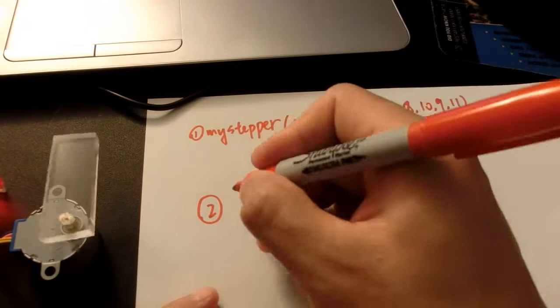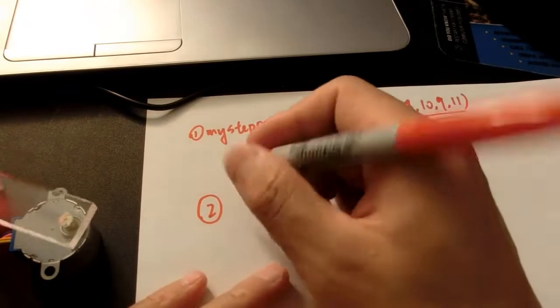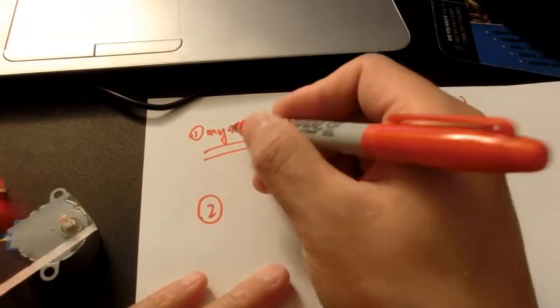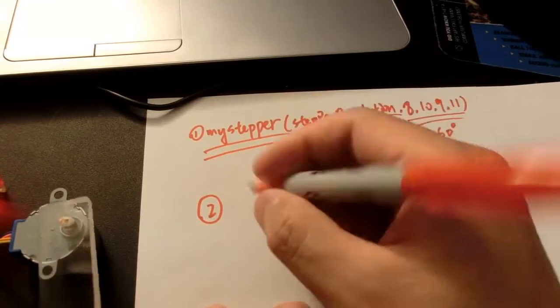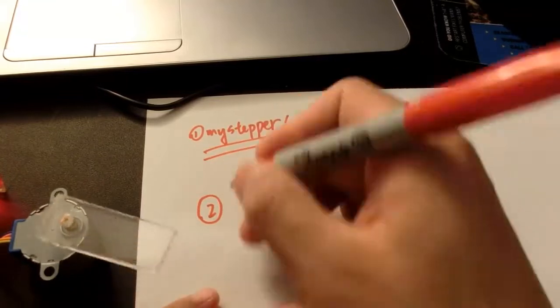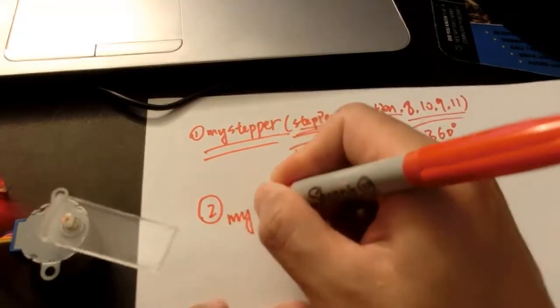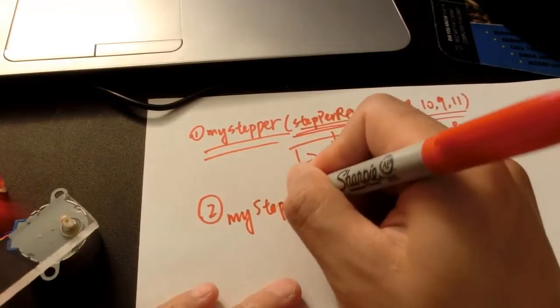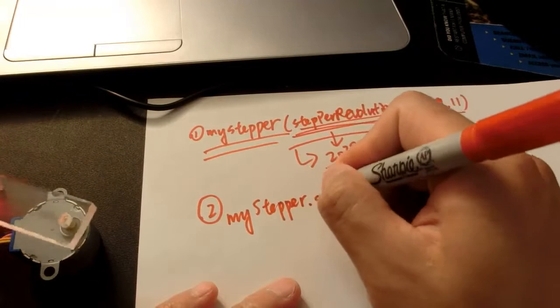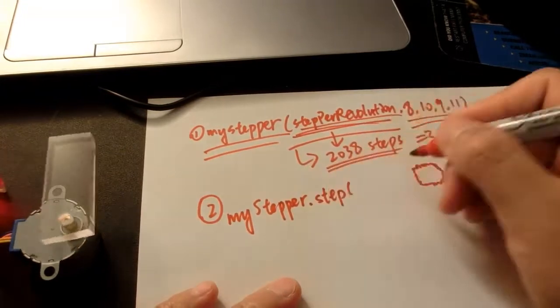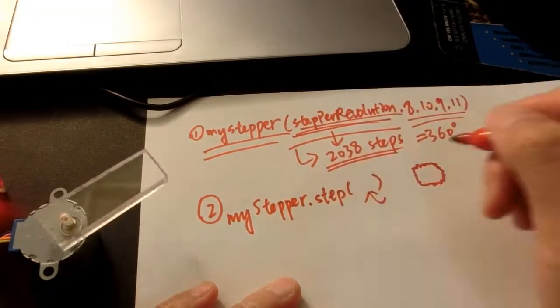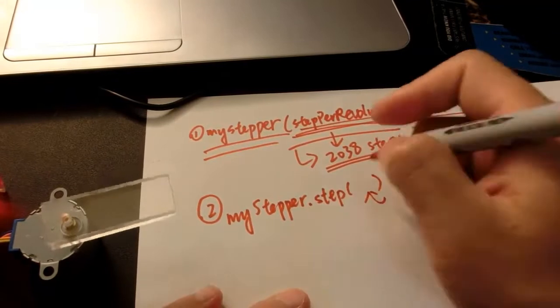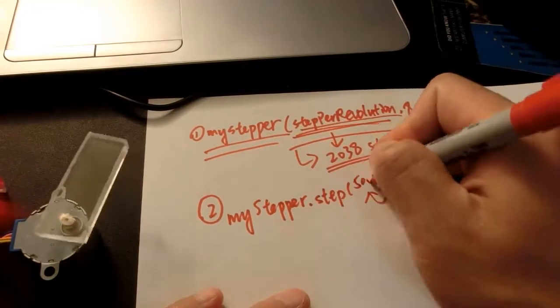And the other function: now we are going to directly use this object to apply the function inside, which is myStepper.step. Just simply give an integer in there. For example, I need 500 steps.